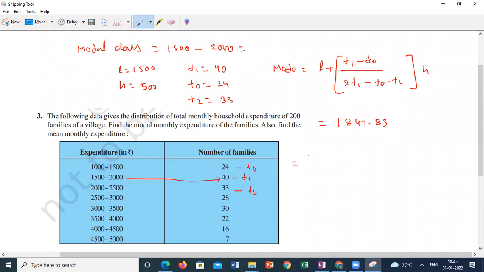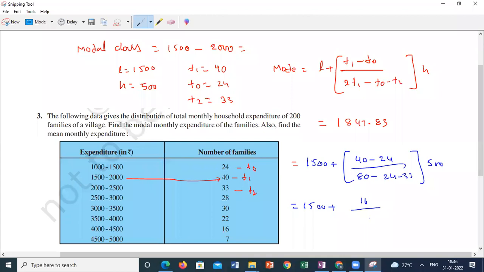L is 1500 plus (F1 minus F0), that is 40 minus 24, divided by (80 minus 24 minus 33) into H, which is 500. So 1500 plus 40 minus 24 is 16. 80 minus 57 is 23, into 500.